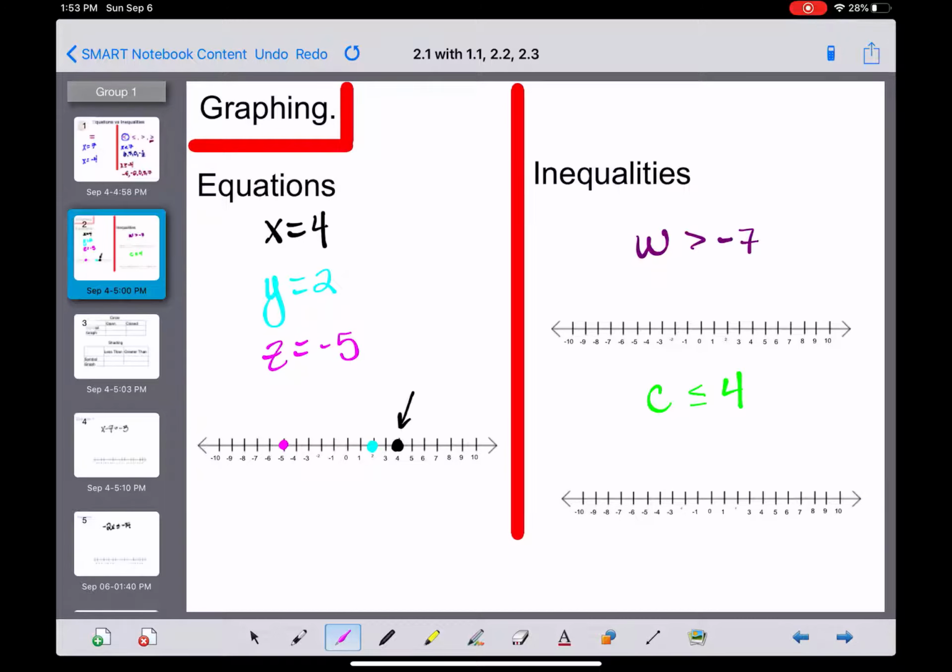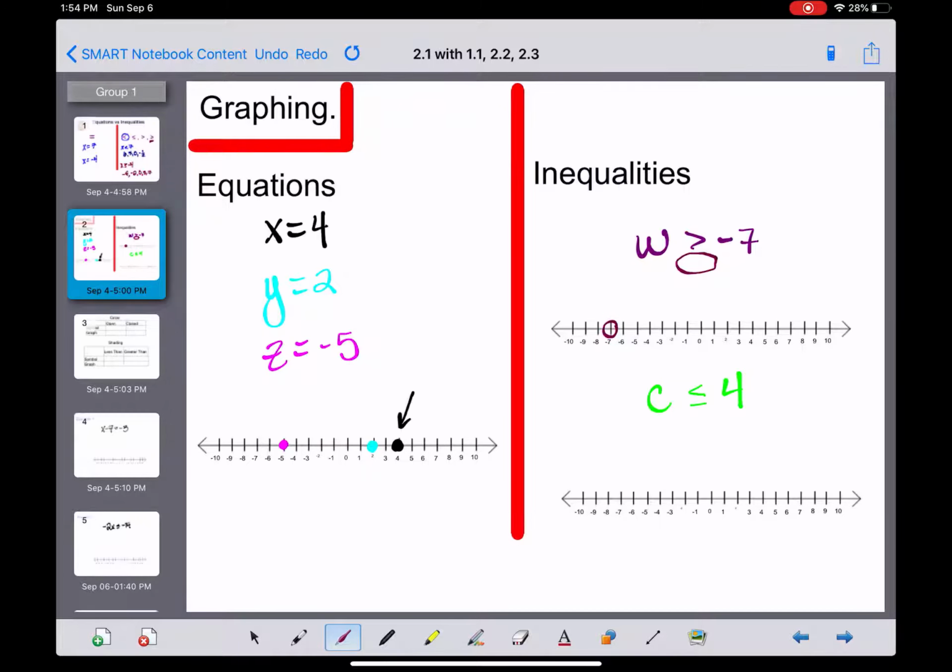It represents one solution. Well, when we graph inequalities, we need to represent multiple solutions. So it starts off the same. We want to locate where -7 is, so I go to my graph. However, it is not equal to. Because there is no equal to sign underneath, that means -7 is not a solution. So I need to show that difference, and that difference is creating an open circle.